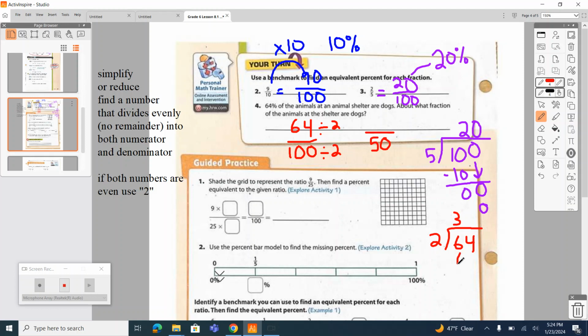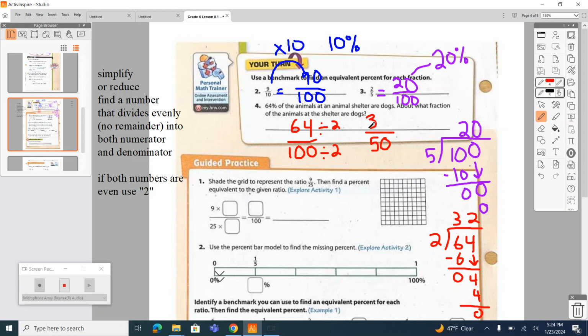When I subtract, I have nothing left. Bring down the 4. Repeat, guess and check. So 2 goes into 4. Now I know that that's 2 times. 2 times 2 is 4. Okay. So now I have 32 over 50.